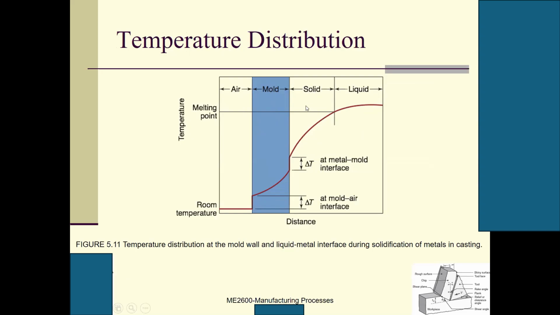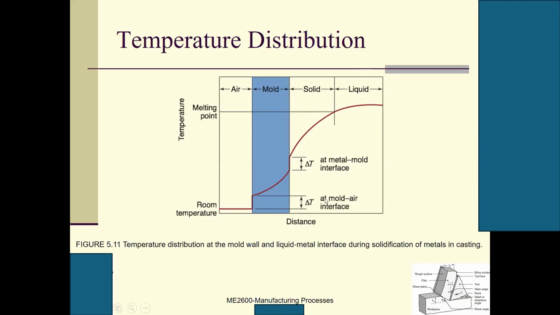The solid solidifies much quicker, the reason being that this part is near the mold, so the cooling rate is much higher than the cooling rate we have here. So this is why this part becomes a solid material much more quickly. And this is the room temperature in the air.